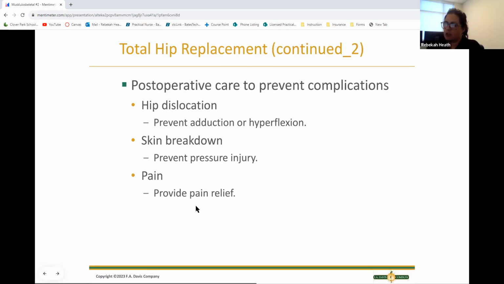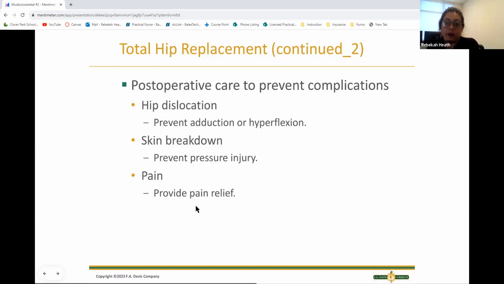So hip dislocation. This is not as common anymore. Most of our hip replacements used to be done anteriorly, which means the front of the body, that's where the incision was. And when they did the hip replacements anteriorly, if you flexed your hip, like leaning forward, you could dislocate that new joint because of the weakened muscles from that incision.